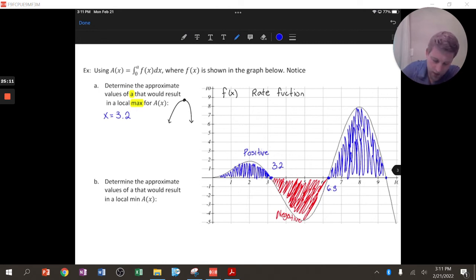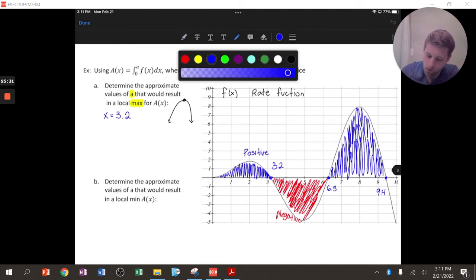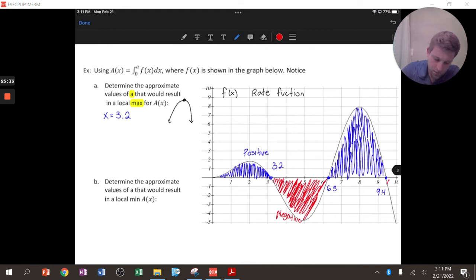And then finally at, we'll call this maybe 9.4, we have another section of negative area, and it looks like it carries on for the rest of the graph. So we'll put that in right in here.